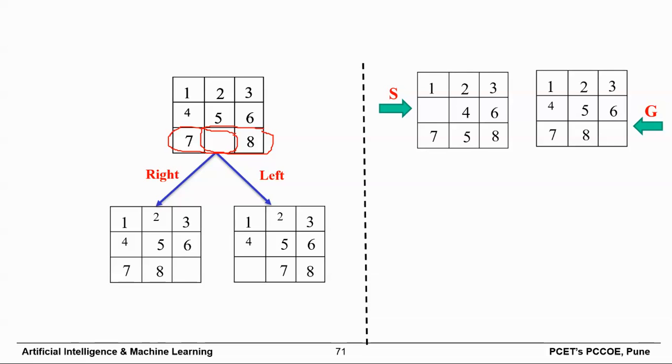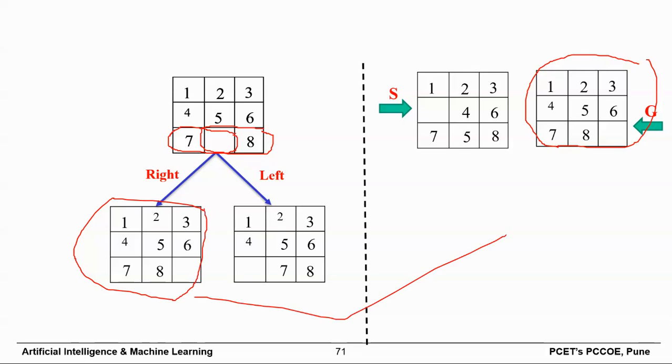Okay, so when you compare your destination with the right one or the left one, which one? Right one. So this is your destination. So do we need to go ahead? No. So your goal state is achieved. Fine. So this is how your brain works, right? It's just a mathematical way of putting it on paper.